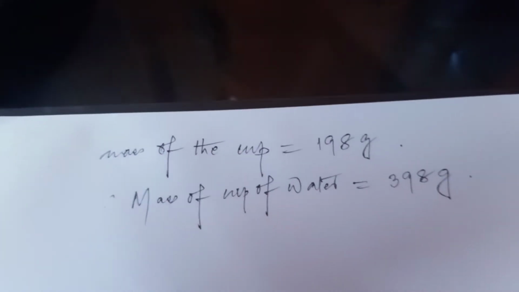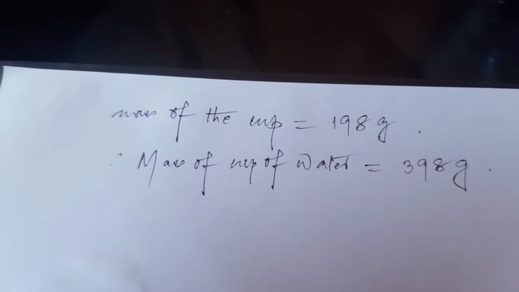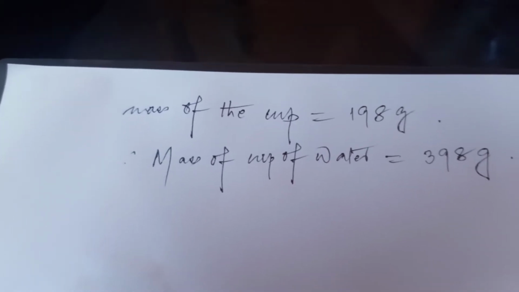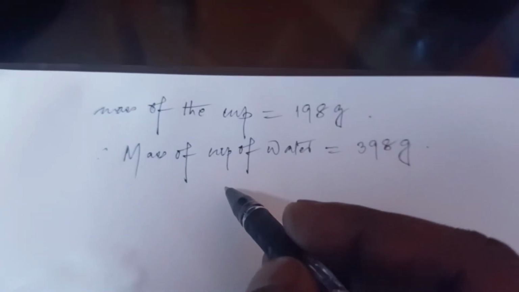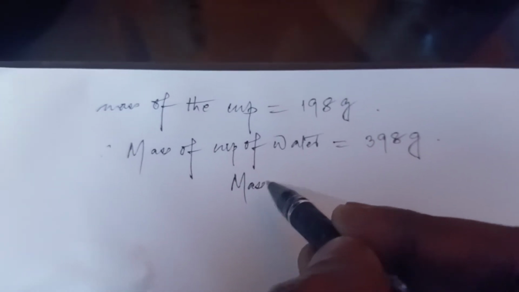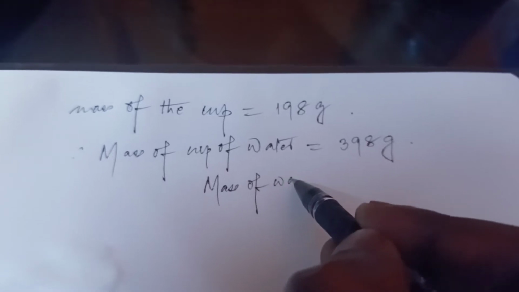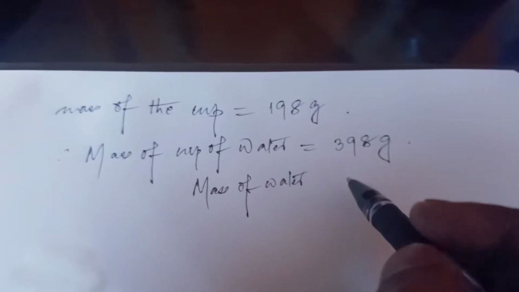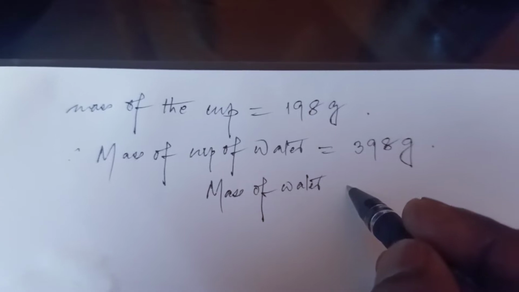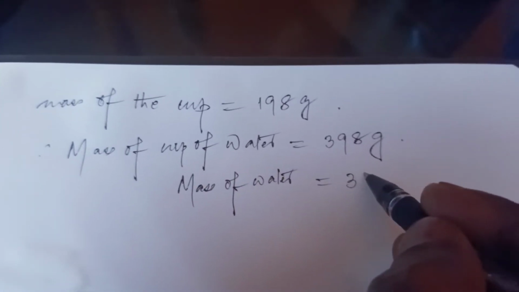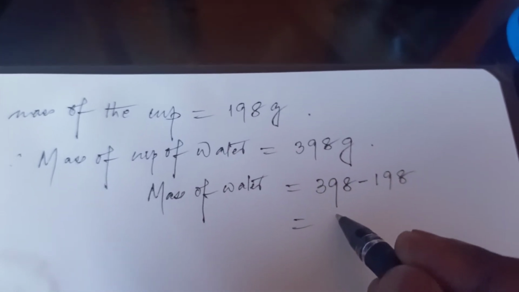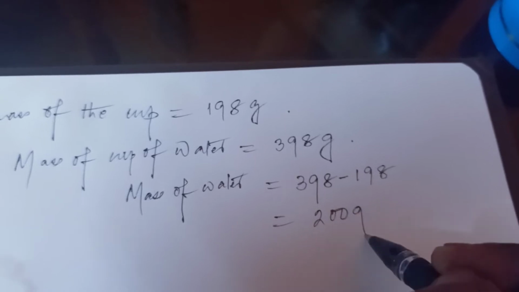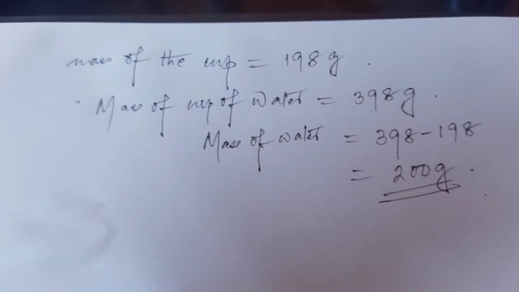So students, the mass of the cup is 198 gram, and the mass of water contained within the cup equals 398 minus 198, so this is 200 gram.